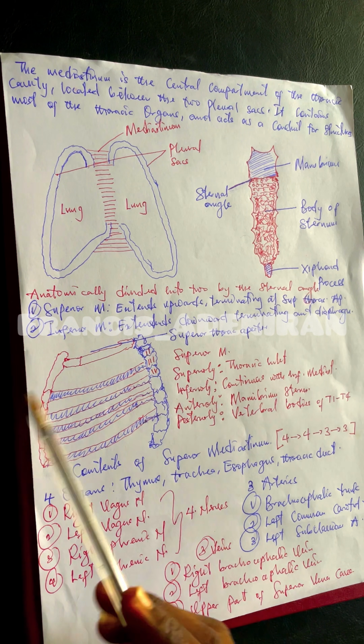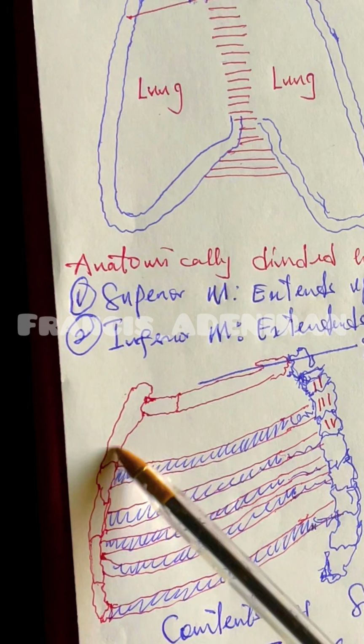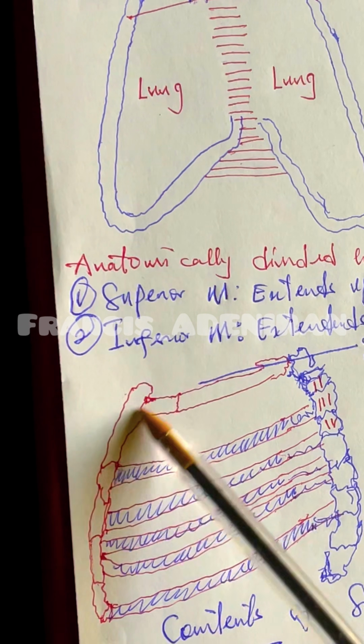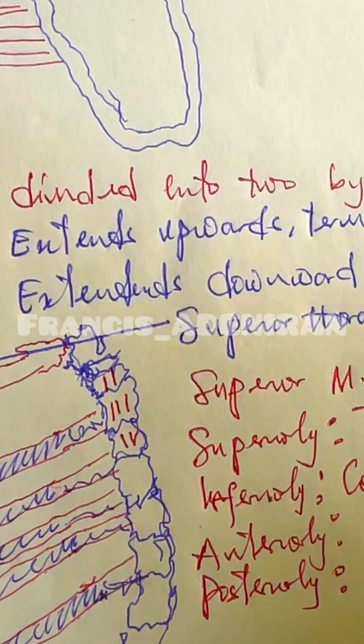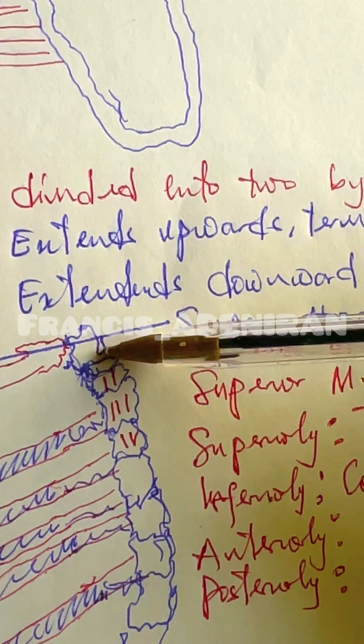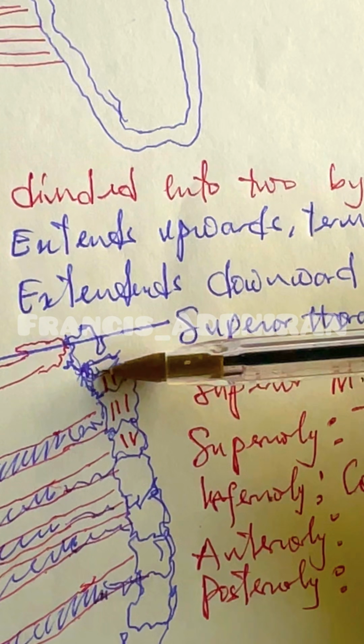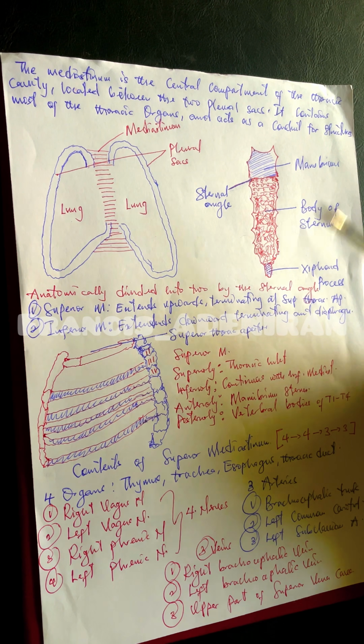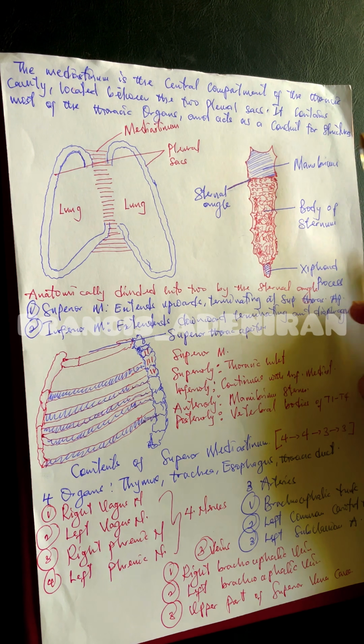Then anteriorly it is bounded by the what? The manubrium of the sternum, and posteriorly by the vertebral bodies of T1 to T4. So this is T1, T2, T3, and T4. Those are the boundaries of the superior mediastinum.